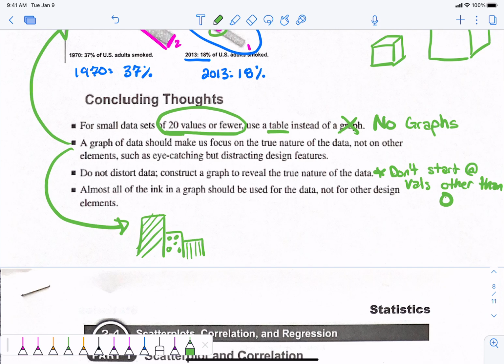And the last one, almost all of the ink in a graph should be used for the data, not for other design elements. That kind of goes along with creating the design. Okay, don't put too much flair, which I haven't seen you guys do yet.